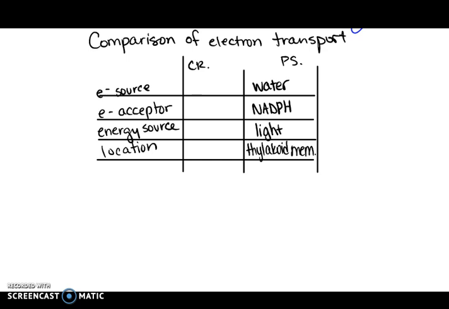But in the electron transport chain, where are the electrons coming from? If you can't figure that part out now, come on. Yeah, NADH and?